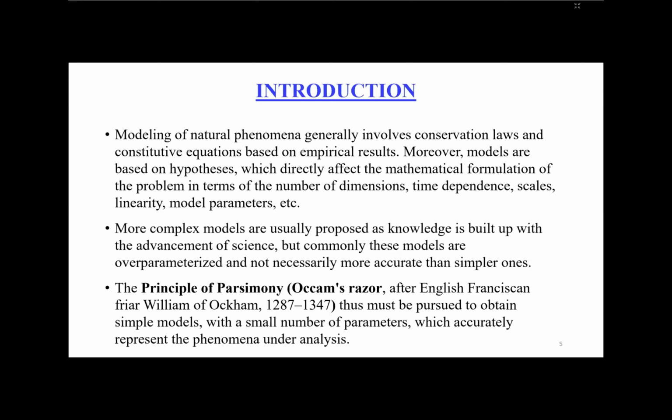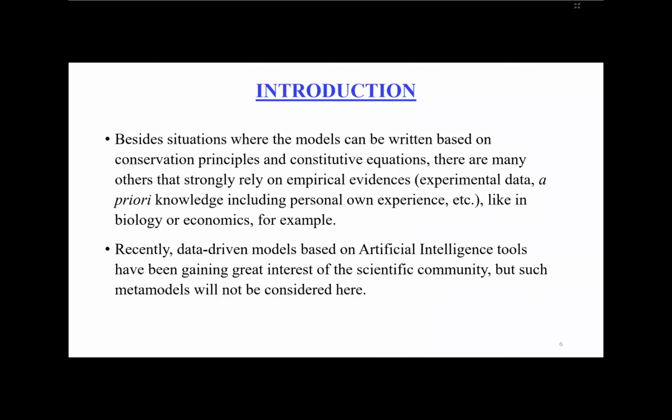But commonly, these models are over-parameterized and not necessarily more accurate than simpler ones. Thus, the principle of parsimony must be pursued to obtain simple models with a small number of parameters which accurately represent the phenomena under analysis.